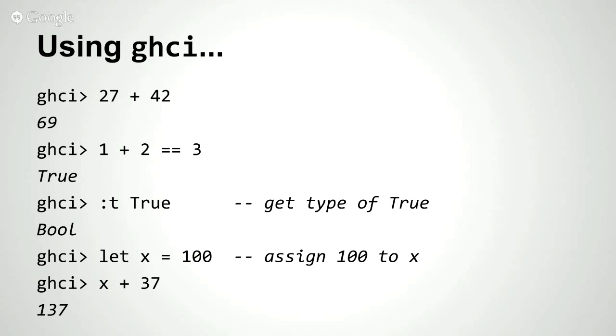That's how you get a type. Or you can spell out :type, but I usually just use :t. That's something that you can do at the GHCi, at the REPL. The fourth, let x equal 100, we're assigning 100 to the variable x, and then x plus 37 is 137.